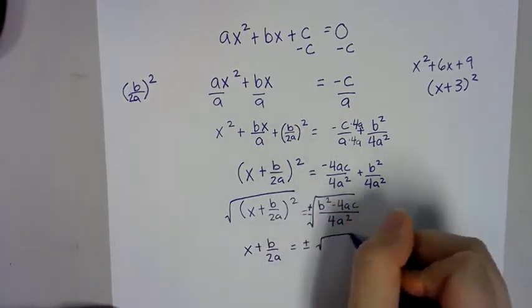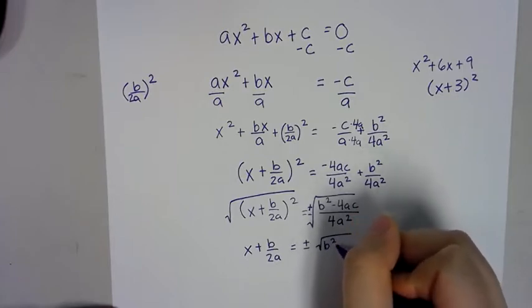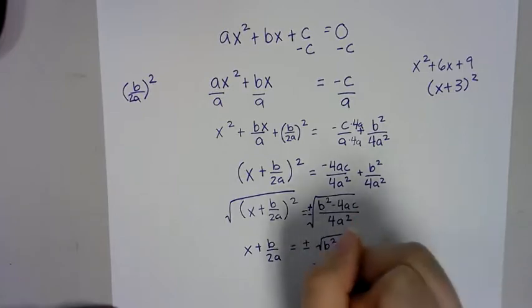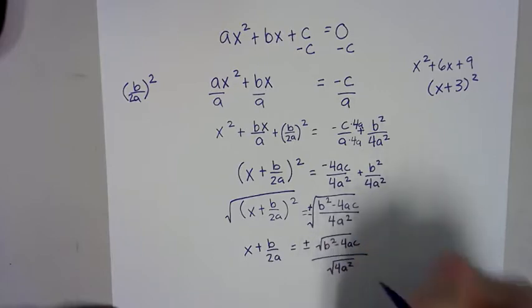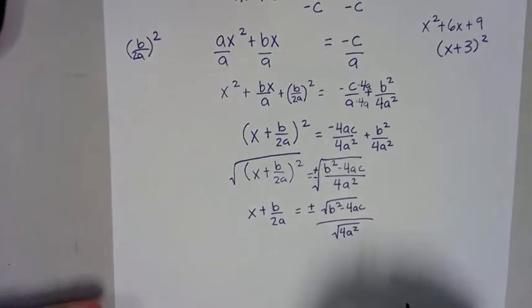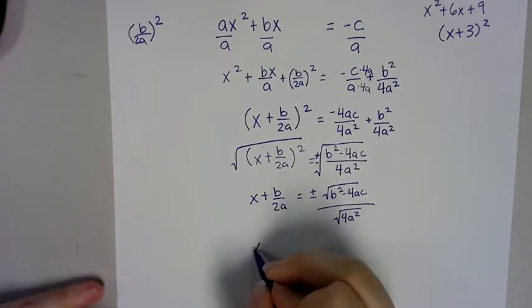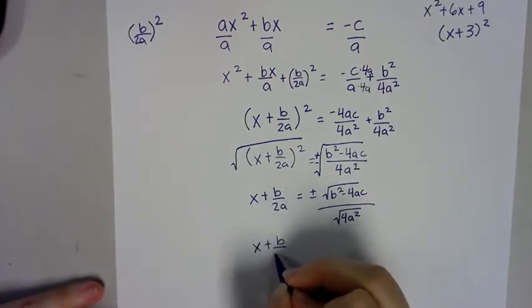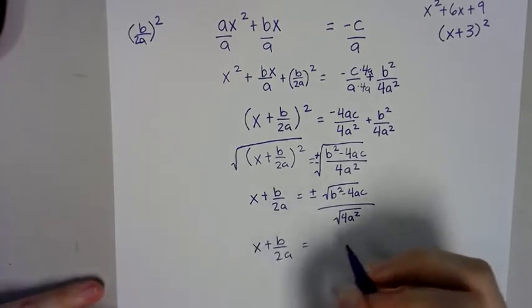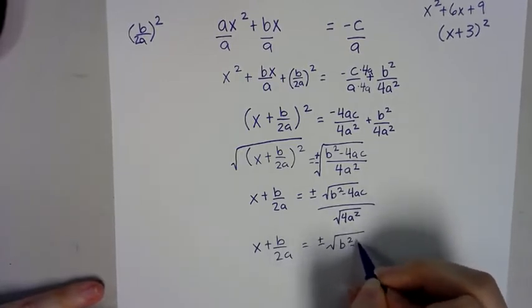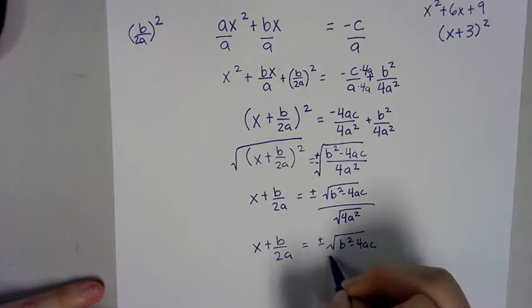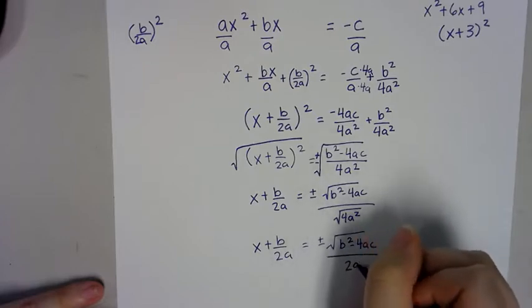Now remember, square root: I could have the square root of the top, b squared minus 4ac, over the square root of the bottom, 4a squared. So then I'm left with x plus b over 2a equals plus or minus the square root of b squared minus 4ac all over 2a.